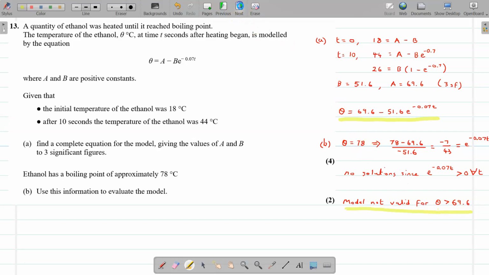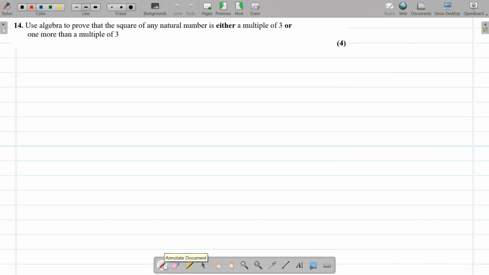Now finally we have the last question on the paper, question 14. Any natural number, a counting number, 1, 2, 3, 4, 5, and so on, can be written in any of these forms.